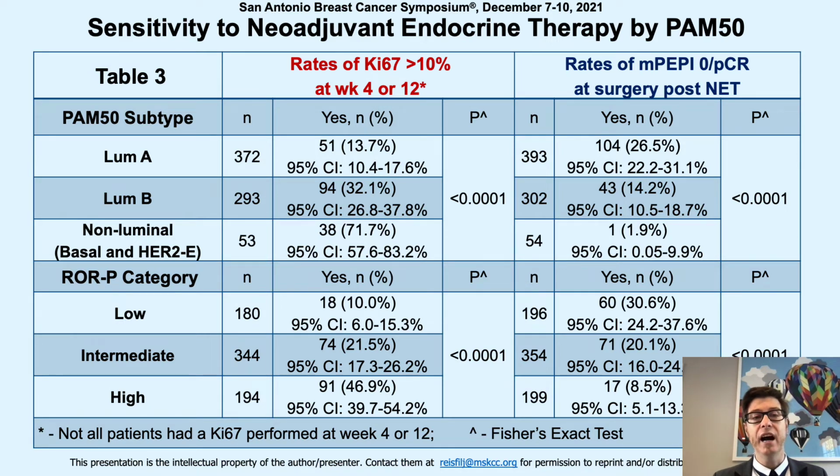In addition, the ROR results actually correlated with the Ki67 greater than 10%, with the high ROR showing a high rate of Ki67 greater than 10% and a low rate of mPEPI-0 or pCR.